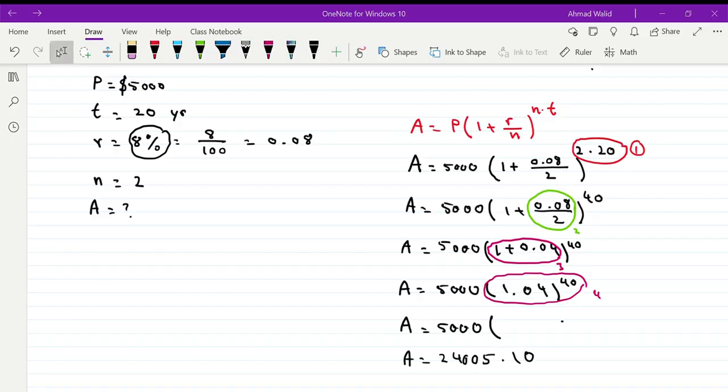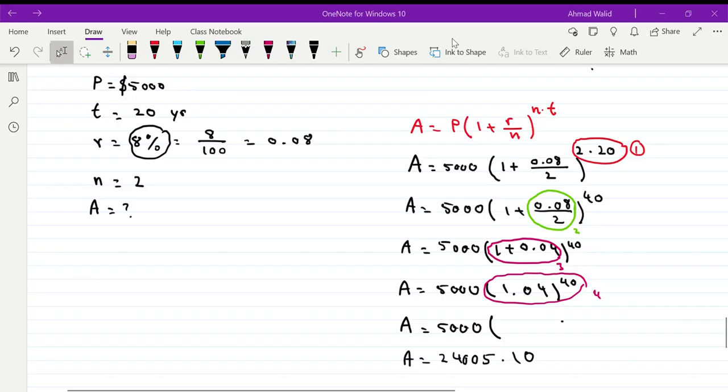Correct? And the last step, yes, go round it off because it's the last step, and after the decimal it shows cents. Correct? You are allowed to do round off in your last step.